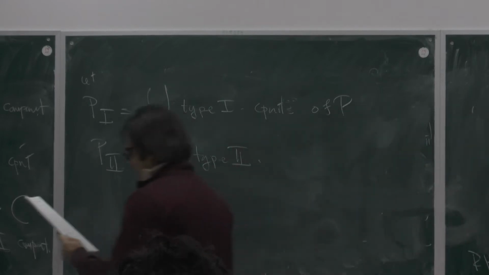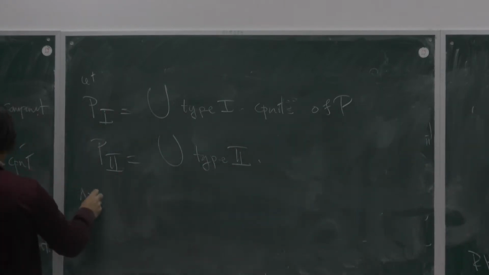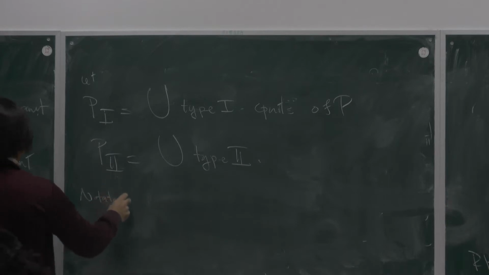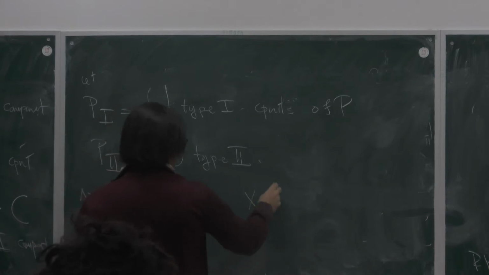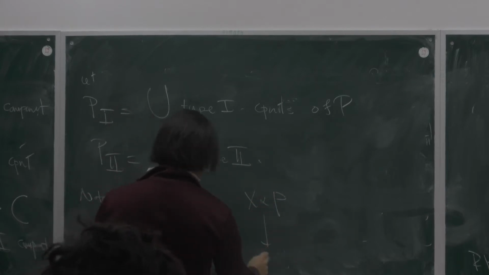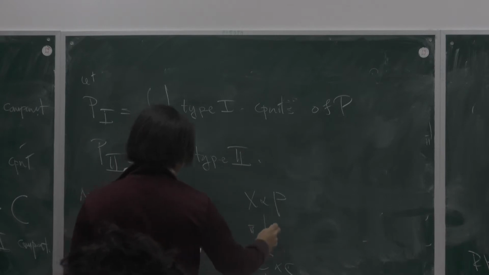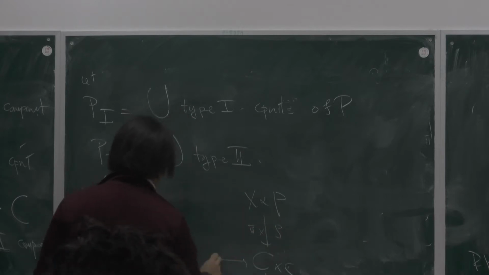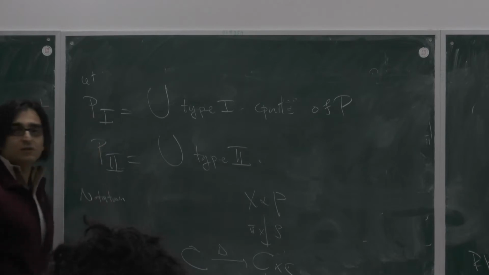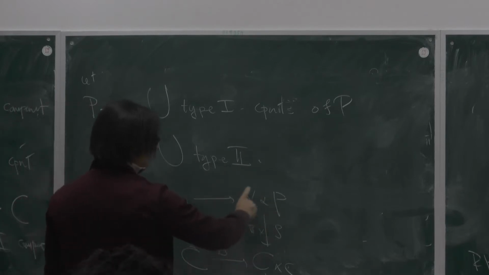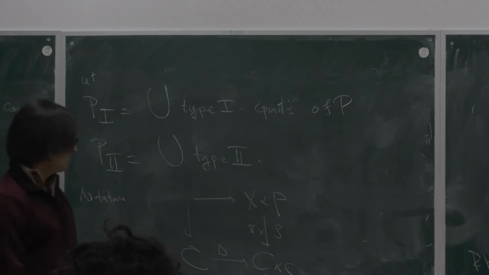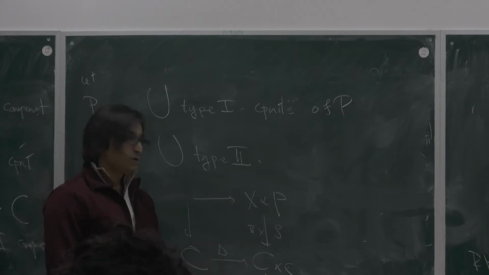Okay. Now some notation. So we can write X times P goes to C times C. This is pi and this is rho. And you have the diagonal embedding of the curve inside here. And you can look at the fiber product of X times the moduli space over the curve, right?